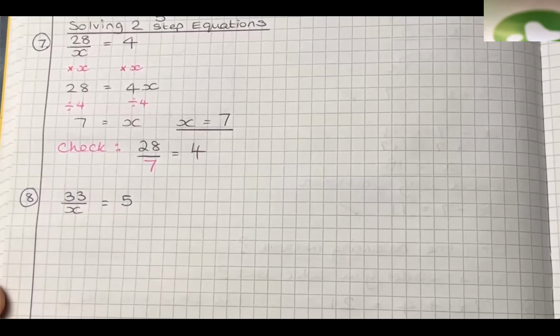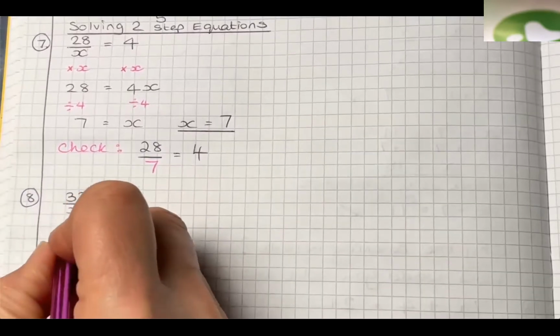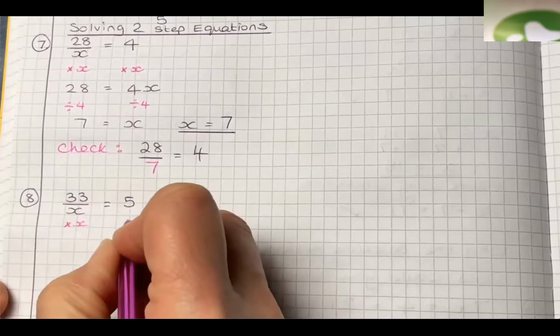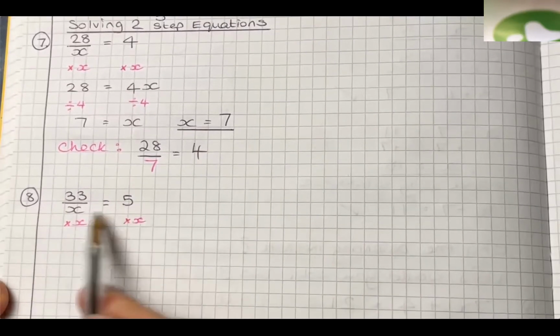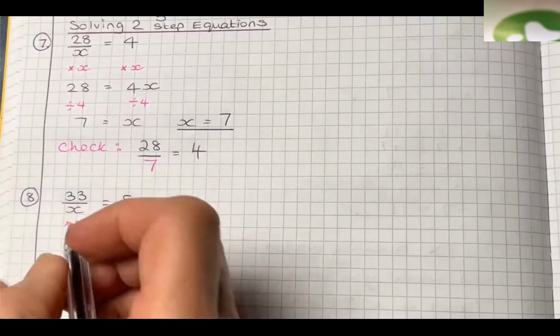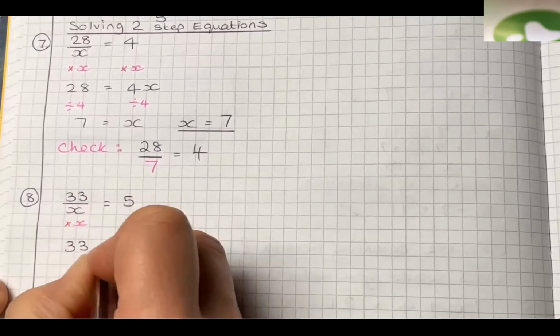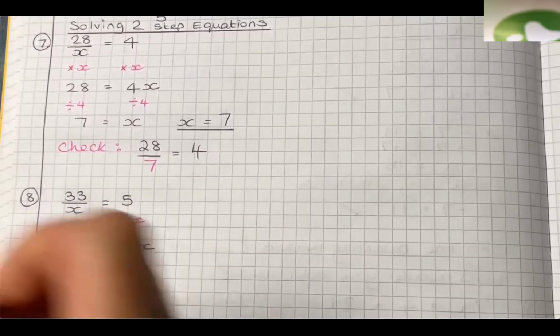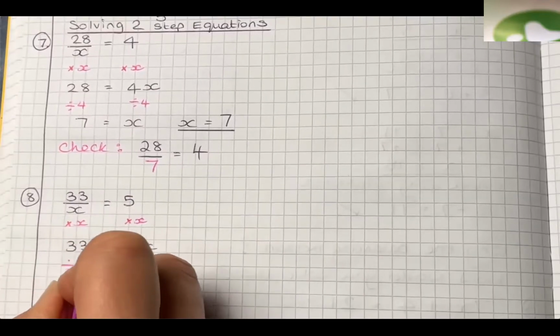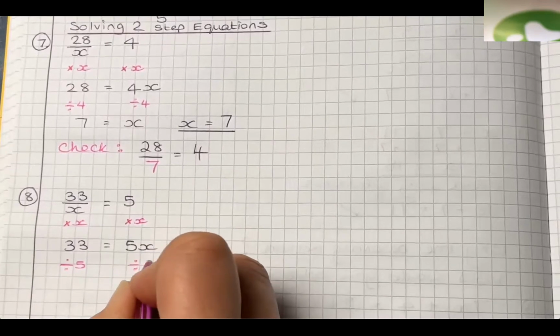So I know that I need to multiply both sides by x, because I want my x to be a numerator. I definitely don't want it to be a denominator here. So I've got 33 equals 5x. And now I can divide both sides by 5.